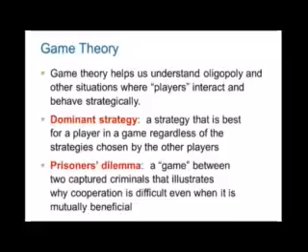And from there, we come up with the concept called the prisoner's dilemma. It's a game where if two people play their dominant strategies, they actually get a worse outcome. If there was cooperation, they would have had a better outcome, but when they play their dominant strategy, as we will see in an example, they get a worse outcome.